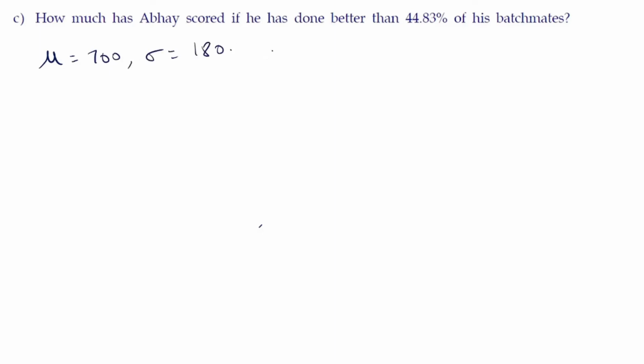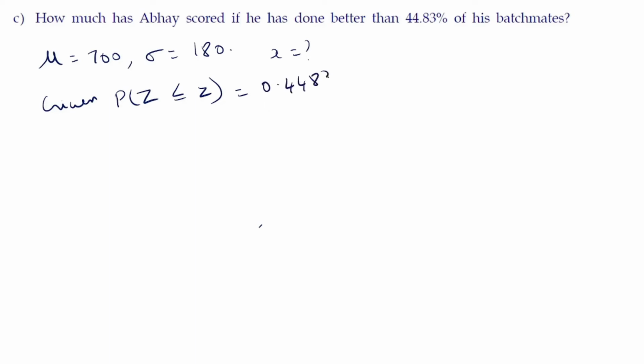We need to find x. That is, here it is given probability of z less than or equal to z is equal to 44.83%.